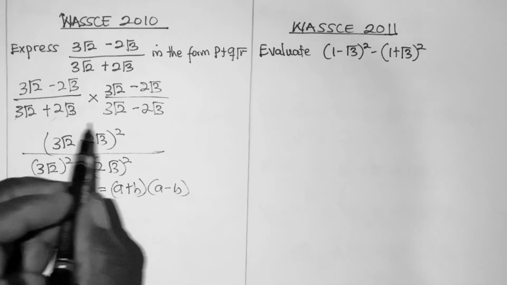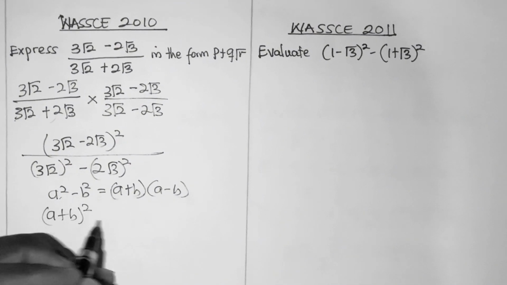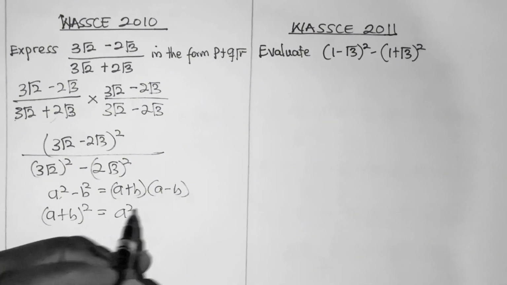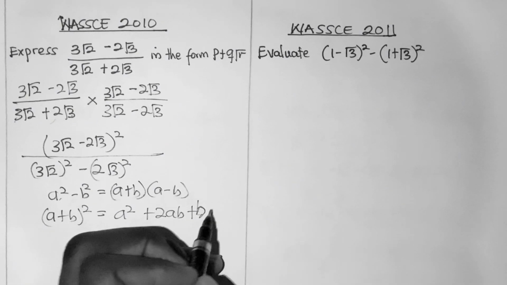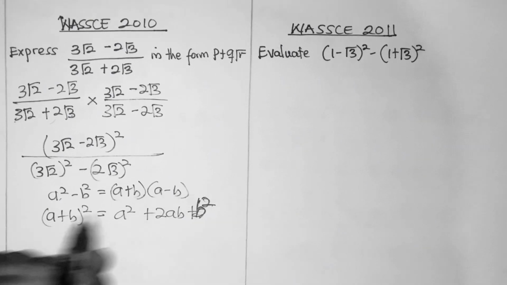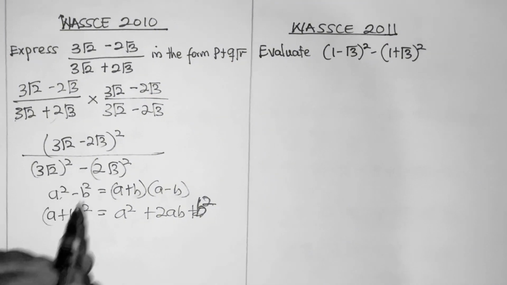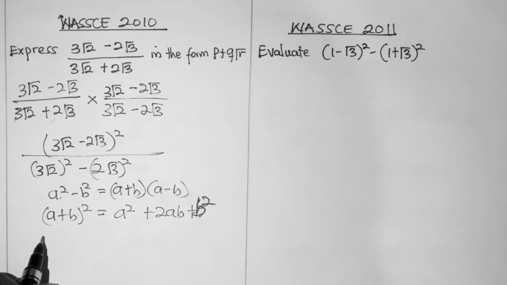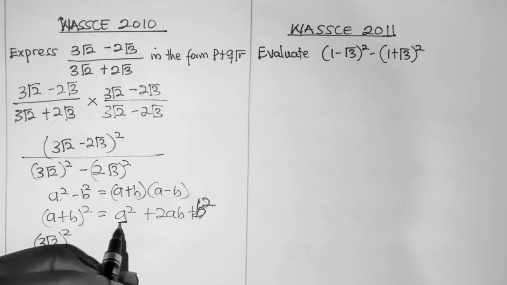But then remember the expansion for this. If we have (a plus b) whole squared, it is equal to a squared plus 2ab plus b squared. So let me write it out. Here a is 3 root 2 and b is minus 2 root 3. So this becomes (3 root 2) all squared, that is this term.